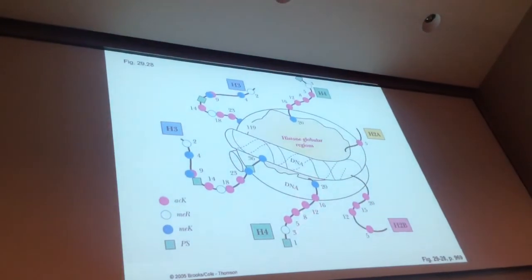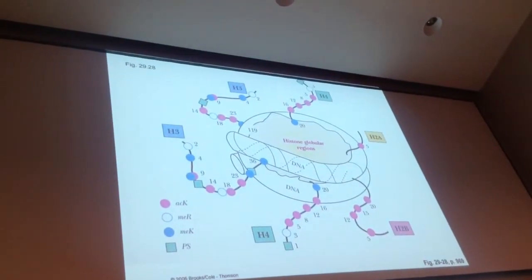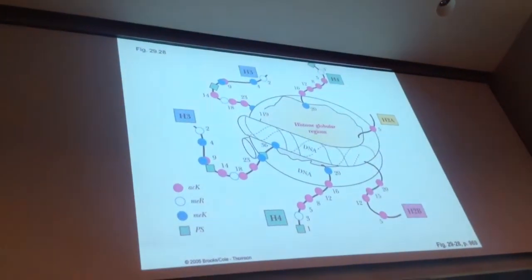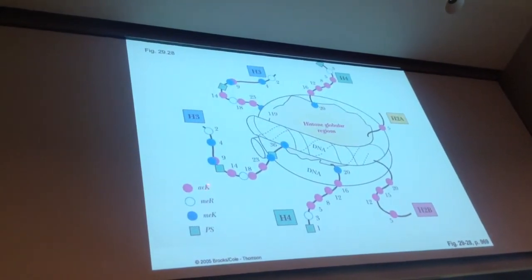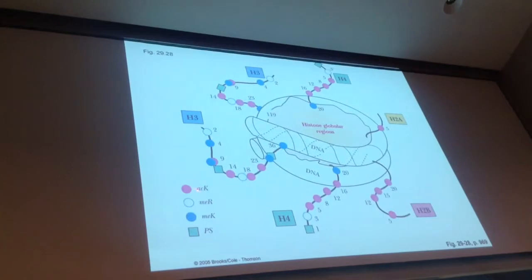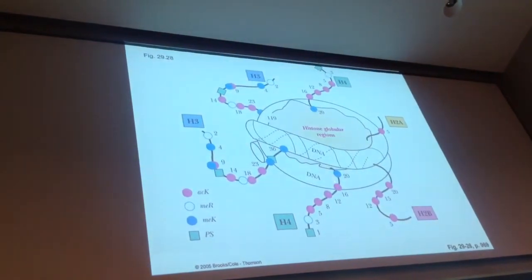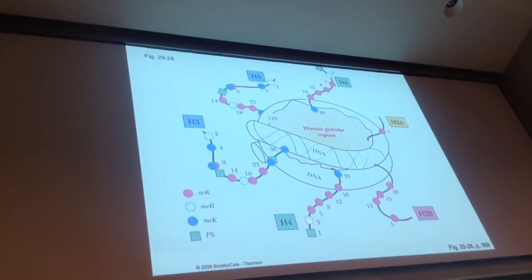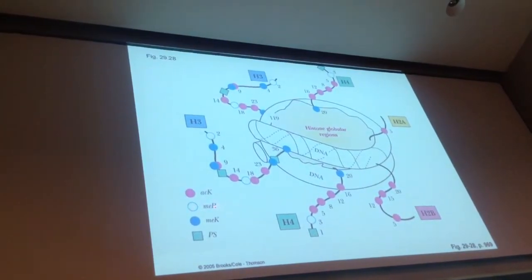Now these residues, these tails on these histone molecules, can be modified. Lysines and arginines carry charge, so they can be covalently modified. In particular, you can see that these pink guys here, this K is a lysine, right? And the AC is an acetyl group. So what's happened is that these lysines have been acetylated. Also, these white guys are arginines. Arginines can be methylated, so that's a methyl arginine.